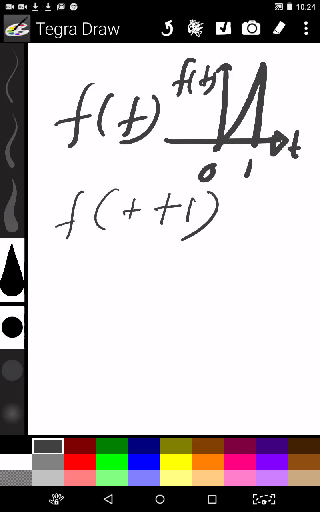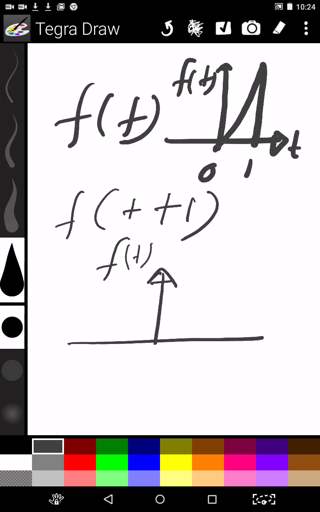What will be the time-shifted form of that signal? The 0 will be delayed by minus 1. Now 1 minus 1 is 0. Now the signal is f of t plus 1.